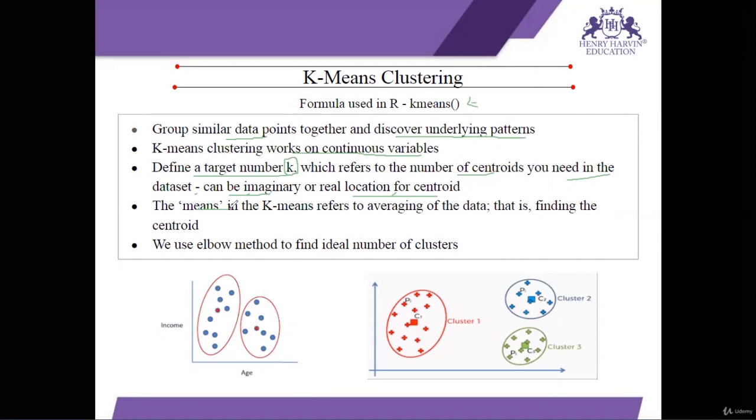Then the mean in k-means refers to the averaging of the data, that is, finding the centroids. We use the elbow method to find the ideal number of clusters. So in order to get the optimal number of clusters, we will be using the elbow method. There are two methods that can be used in the elbow method to find the optimal number of clusters.